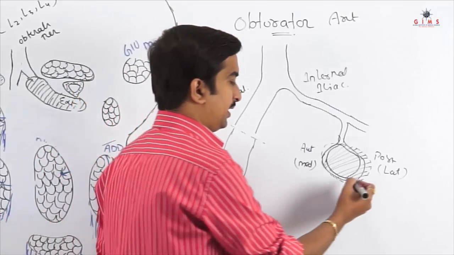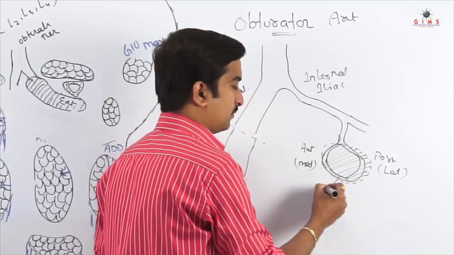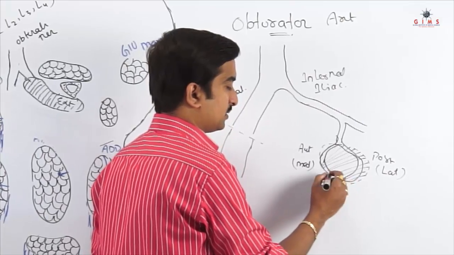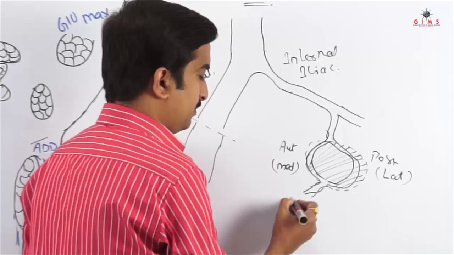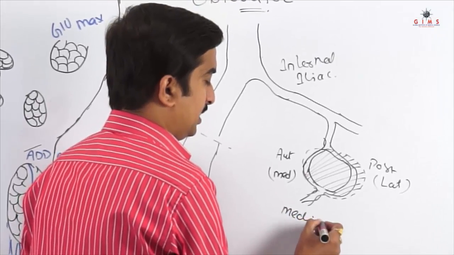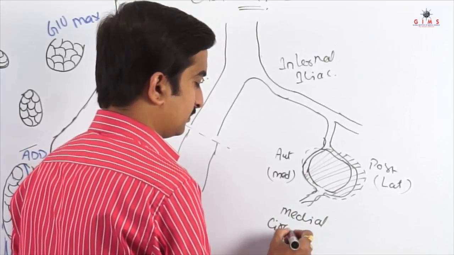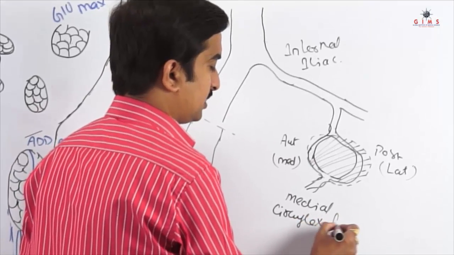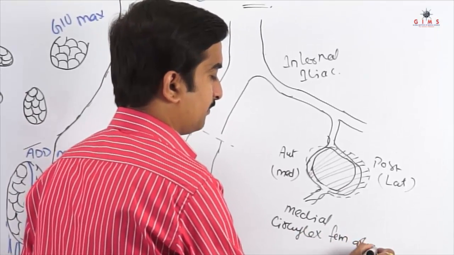After that, they form an anastomosis with the medial circumflex femoral artery.